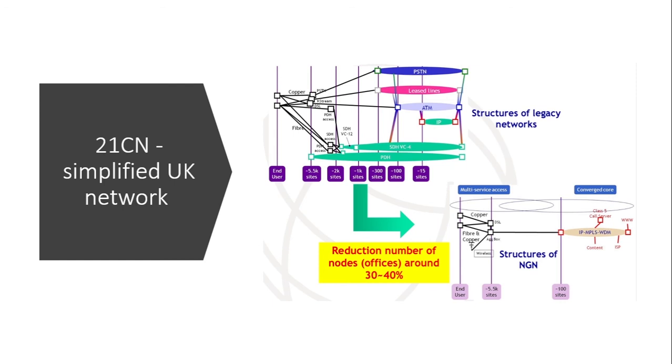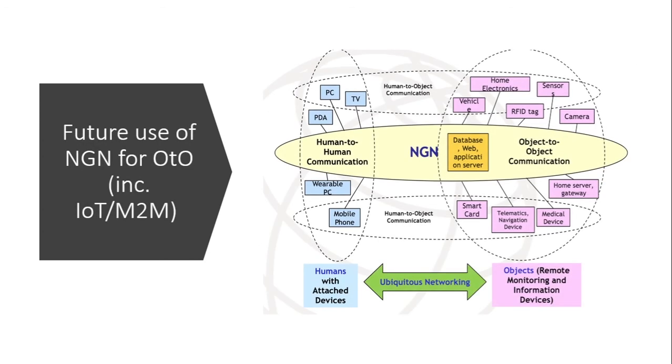From this transformation, there is a reduction in the number of nodes, around 30 to 40% of offices being reduced from the structure. And this is the illustration of the future use of NGN. This is how we may use the next generation network for our future use.